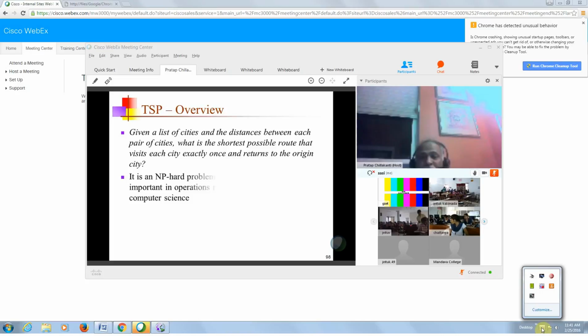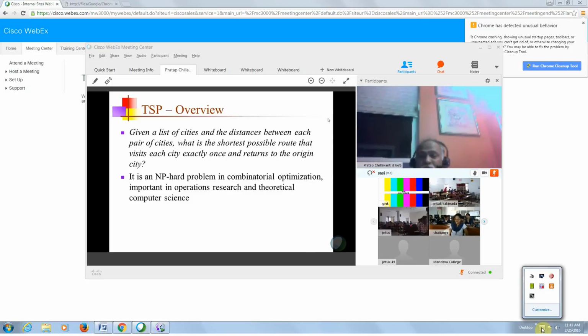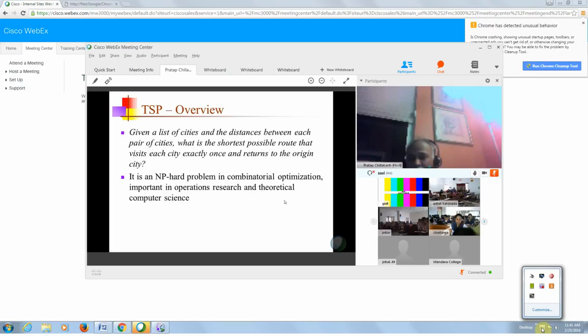Okay, let me see what that is. I should actually take back my word, right? I shouldn't say it helps in solving, okay? You cannot solve a TSP problem. It is called an NP-hard problem. If you take automata theory, I don't know if JNTU offers that class or not. We talk about a class of problems in automata theory: those that can be solved in polynomial time, those that can be solved in non-polynomial time, and those that cannot be solved even in non-polynomial time.